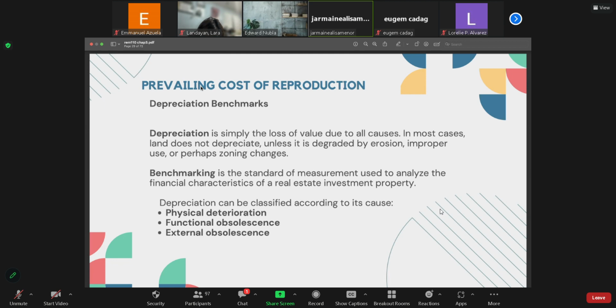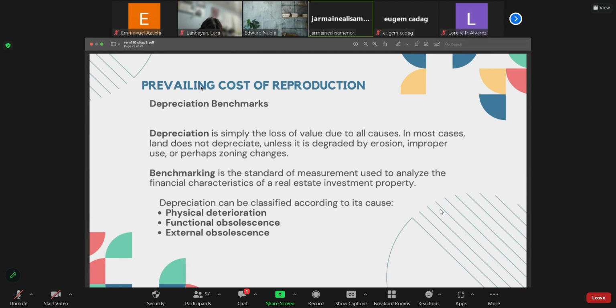The next is external obsolescence. It is the loss of value caused by external factors such as the surrounding property, environment, or other factors that may decrease the property value. This is a form of depreciation caused by external factors, not on the property itself, such as environmental, social, or economic forces.